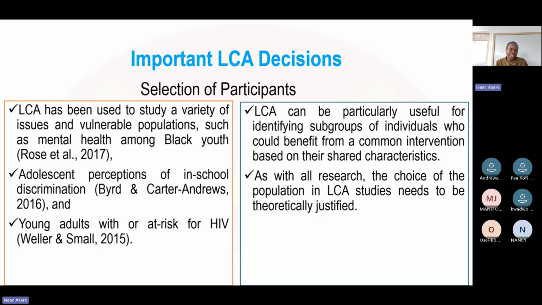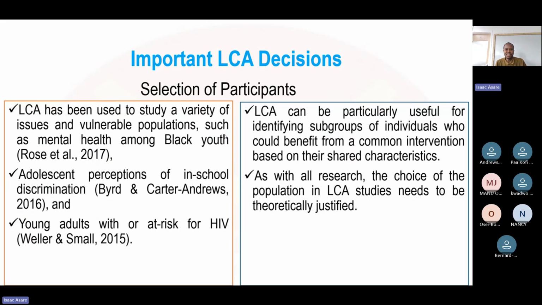If you are a researcher or you want to become a researcher, and your understanding when it comes to sampling or selection of people to form part of your study is bad, it will be difficult for you to do a very good research.